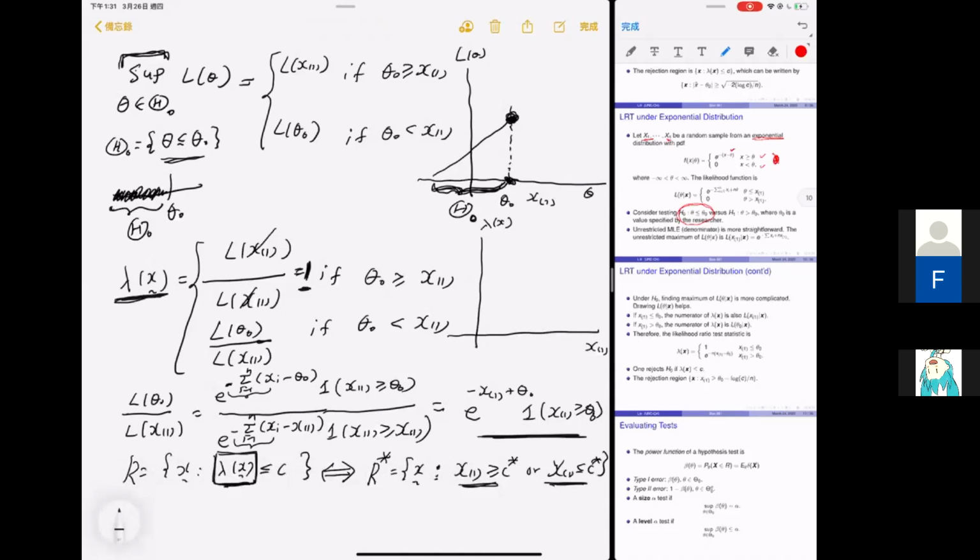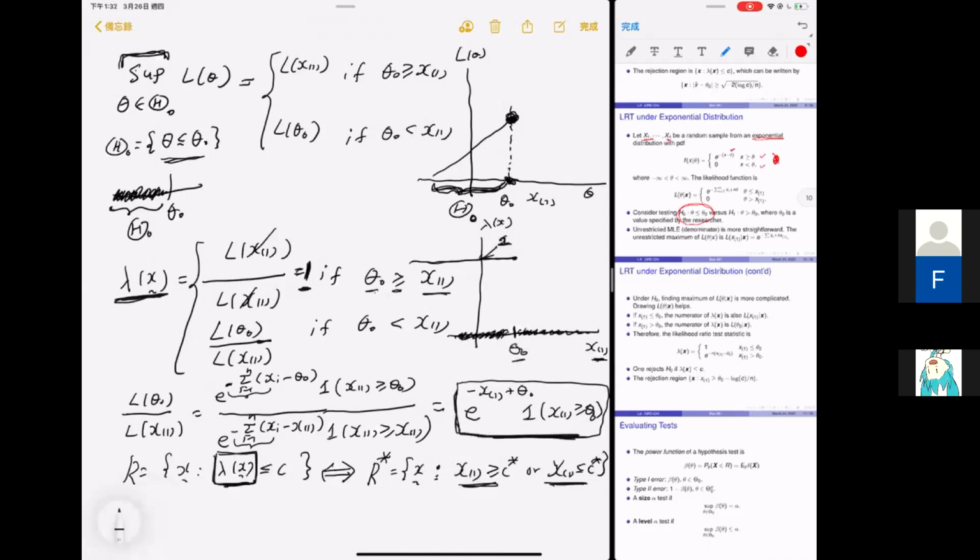Lambda x told me that whenever x1 is smaller than theta 0, the LRT is 1. Right? X1 smaller than theta 0, lambda x is 1. And then if x1 is bigger than theta 0, this is my LRT statistic.